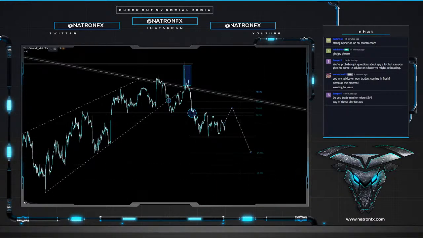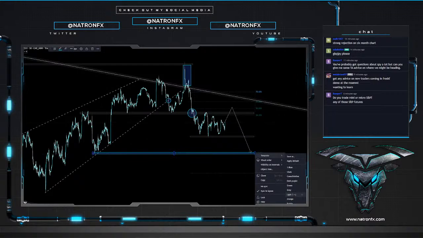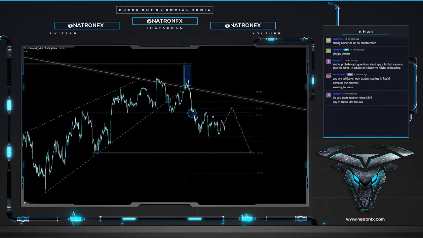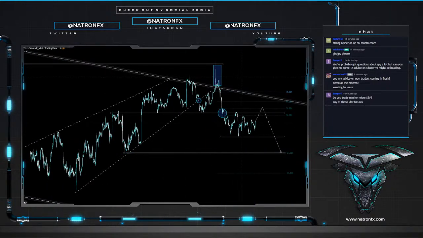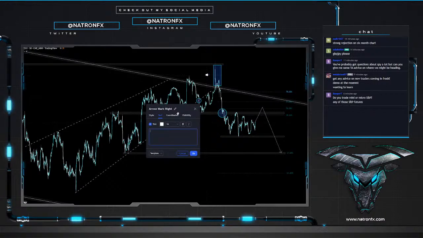This area right here lines up perfectly with this. Mark this off. I'm just gonna say it: I believe it was a stop hunt.